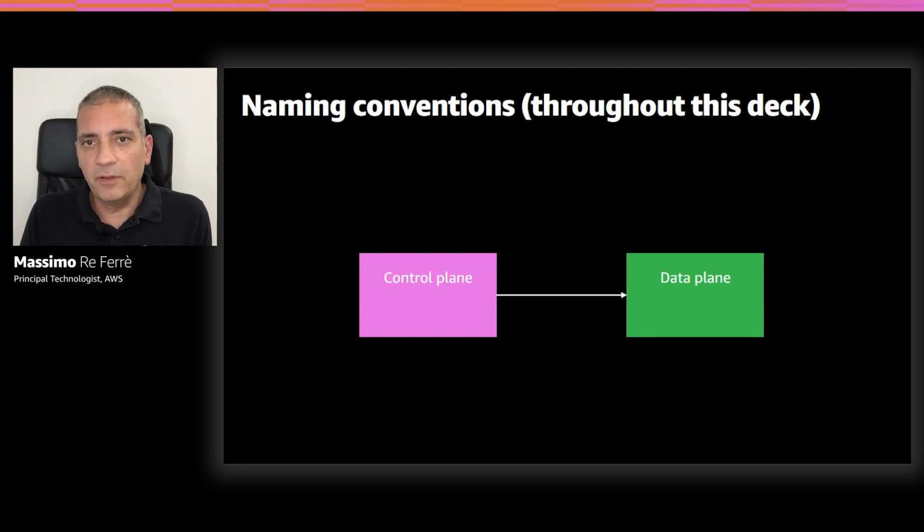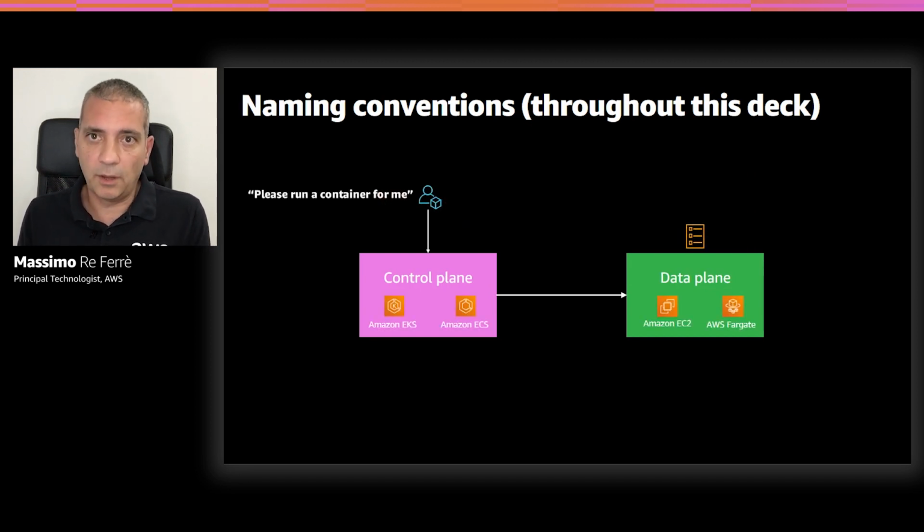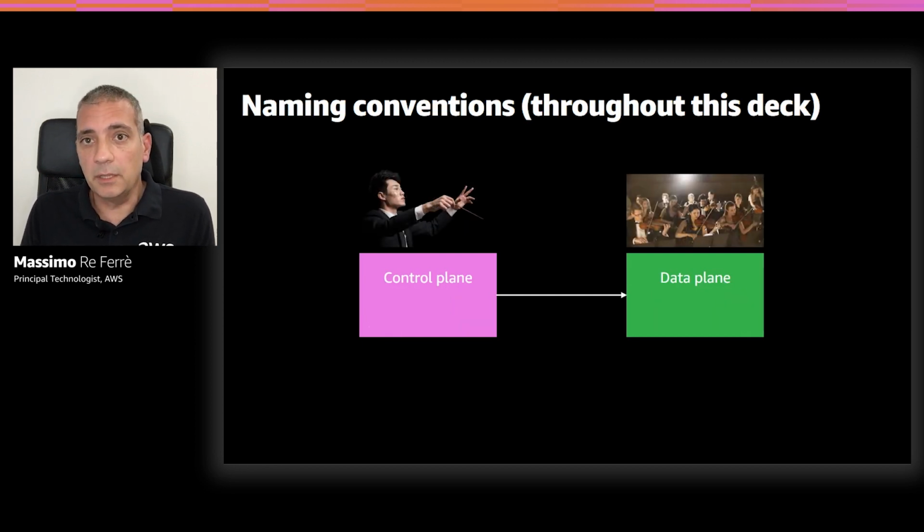In our day-by-day real life, a good example of this would be the director of an orchestra and the orchestra itself. The director or the conductor is the person that knows how to make things move. The orchestra is where the music gets generated.